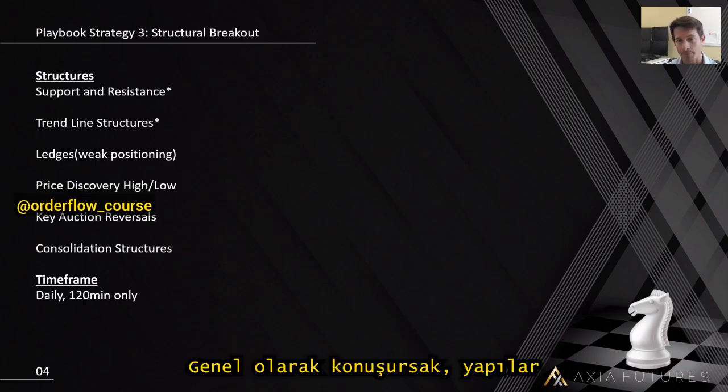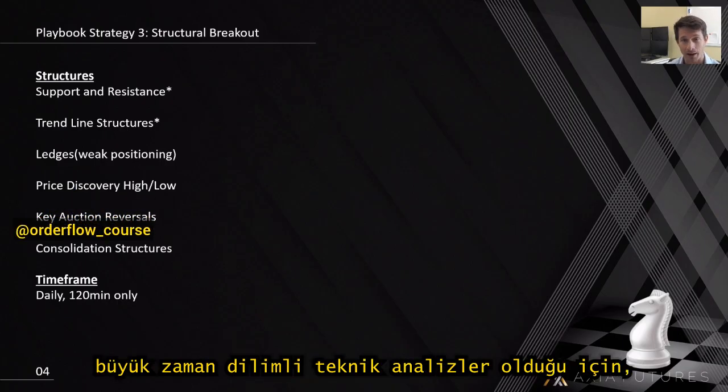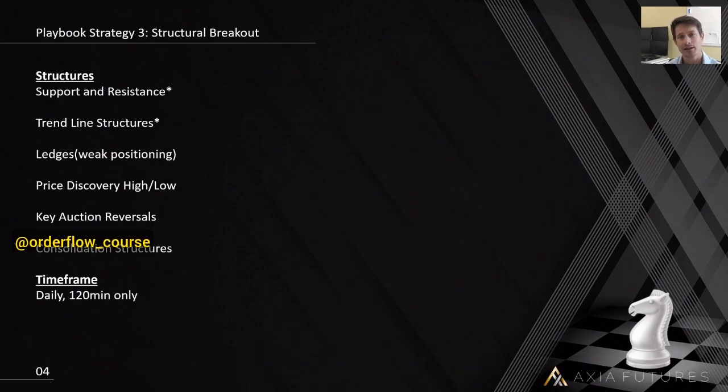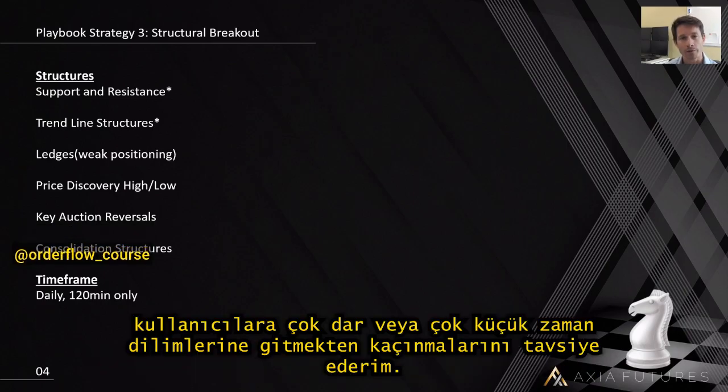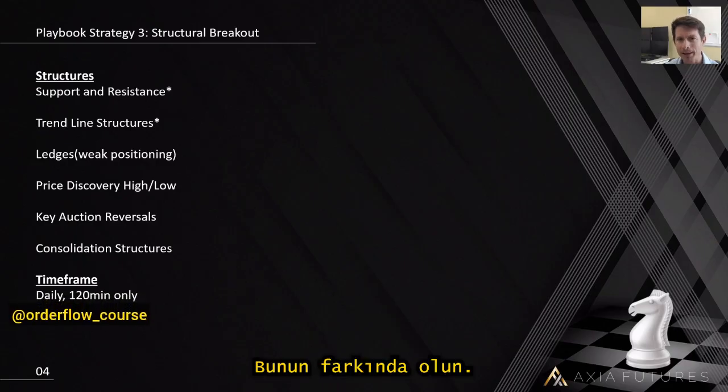Generally speaking, because structures are bigger time frame technical analysis, I always urge users to avoid going too narrow or too small a time frame. So I wouldn't typically apply this myself on anything less than 120 minutes. So just be aware of that.